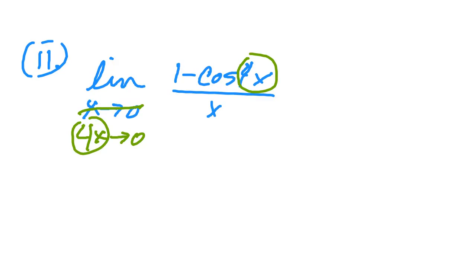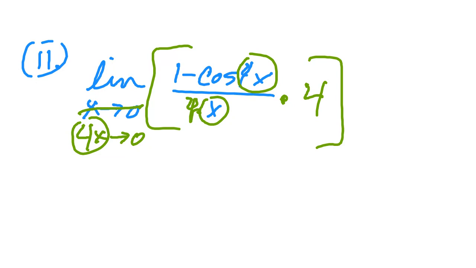So what I really want to do is make the denominator look like 4x as well. To do that, I'm going to multiply by 4. But of course, since we divided by 4, I would have to multiply by 4 as well. That's a manipulation that I can use.